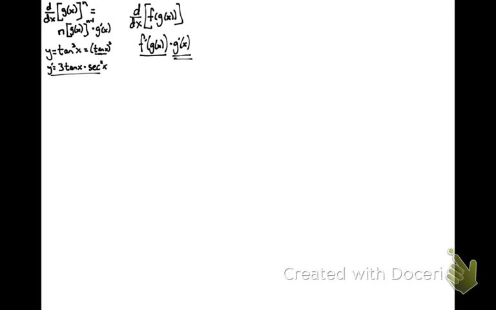Let's try another one. Let's say we're working with y equals 9x cubed plus 1 squared times the sine of 5x. Well, this is a product of two functions, so I'm going to use the product rule. And by the product rule, I need to take the derivative of u in this case, which is 9x cubed plus 1 squared.